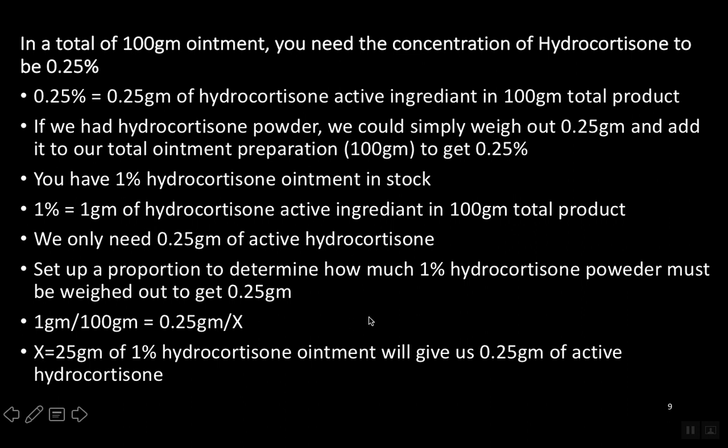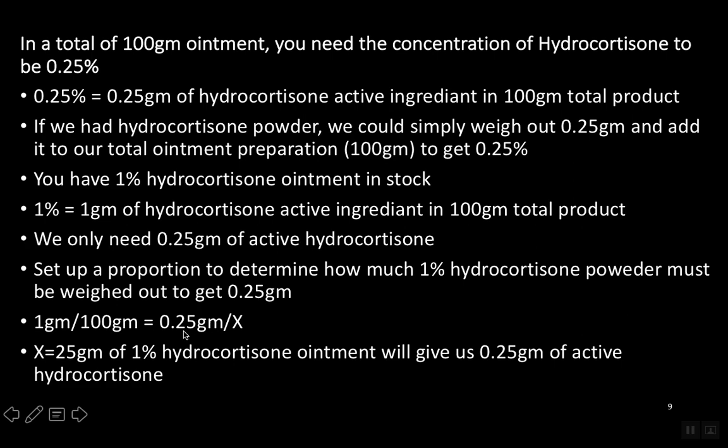So we set up a proportion to determine how much 1% hydrocortisone ointment, sorry for the mistake right here, must be weighed out to get 0.25 gram. So for every 100 grams of this 1% hydrocortisone that we have, 1 gram is the active ingredient.